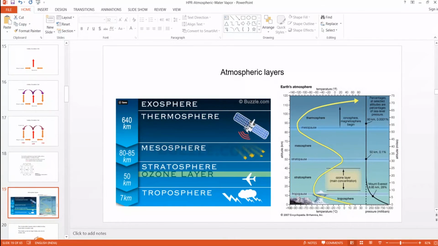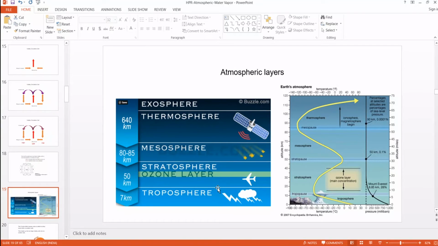So why am I explaining these different atmospheric layers? Because the hydrological cycle mainly takes place in the troposphere. Okay, and between the stratosphere and troposphere, there are sharp gradients of pressure and temperature, due to which there is a wind flow at this border, that is called the jet streams.